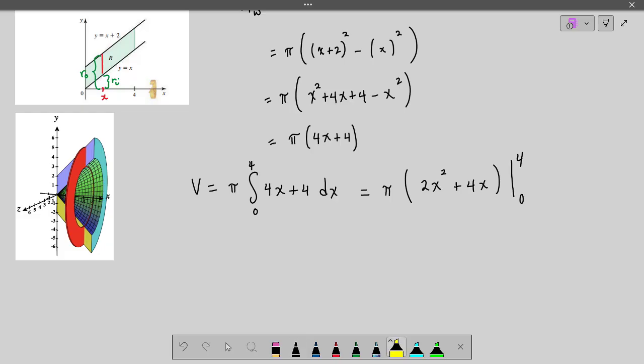And once again, we have a 0 in the lower limit. That's not going to contribute any volume. Plug in the 4, and we'll get 32 plus 16, 48 pi.